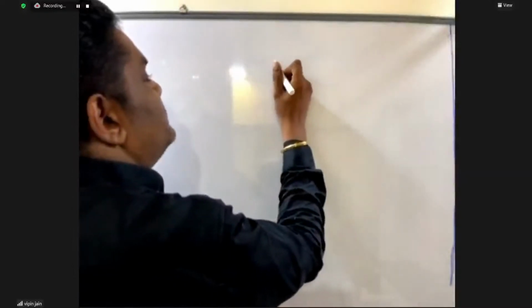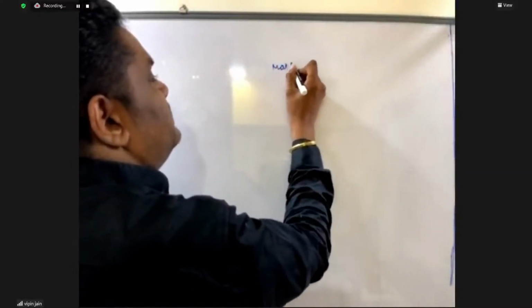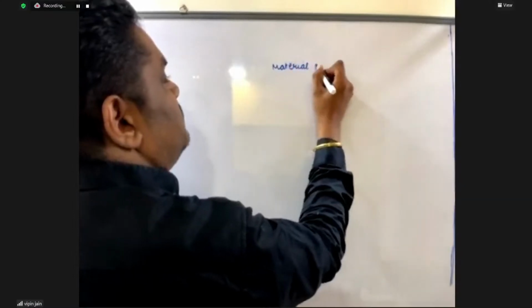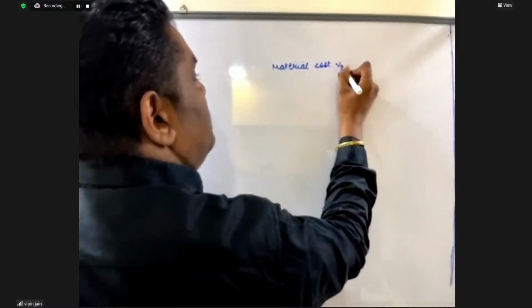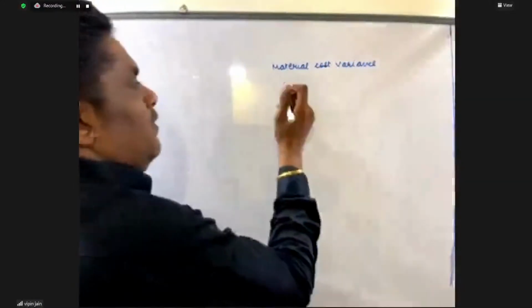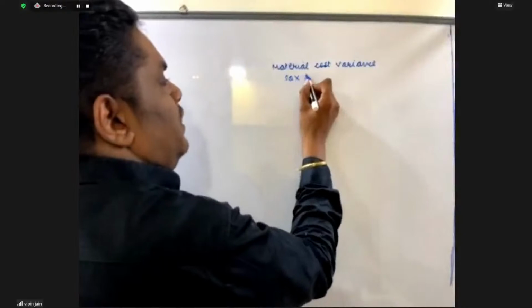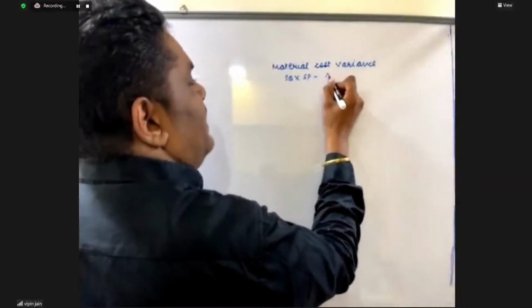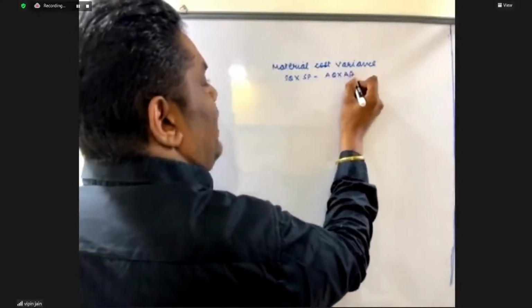We have discussed material variances, wherein we first discussed material cost variance, which is standard quantity into standard price minus actual quantity into actual price.